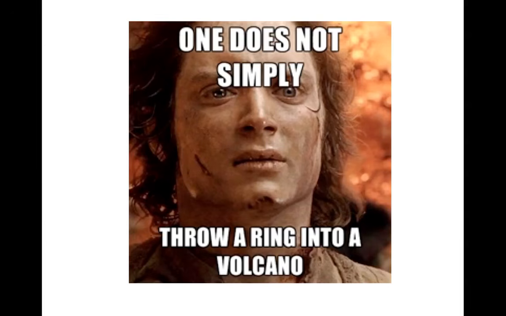That would be the end of the story. But the entire trilogy is a much longer and more elaborate version of this story of throwing a ring into a volcano. So we know one does not simply throw a ring into a volcano. There has to be a lot of explanation that goes on behind that story.